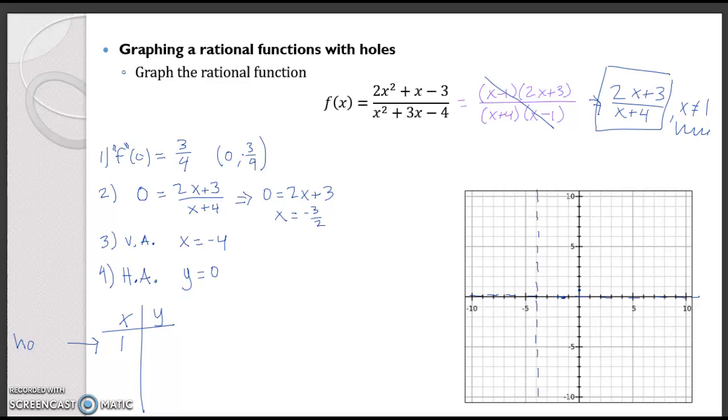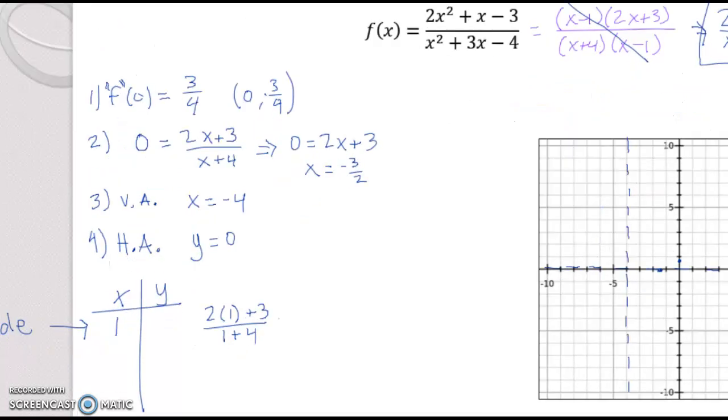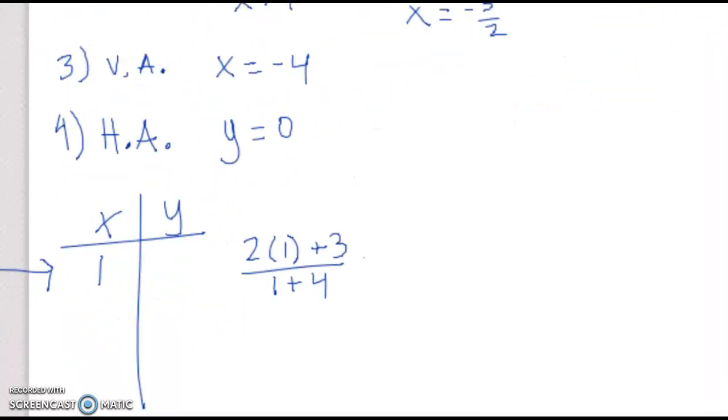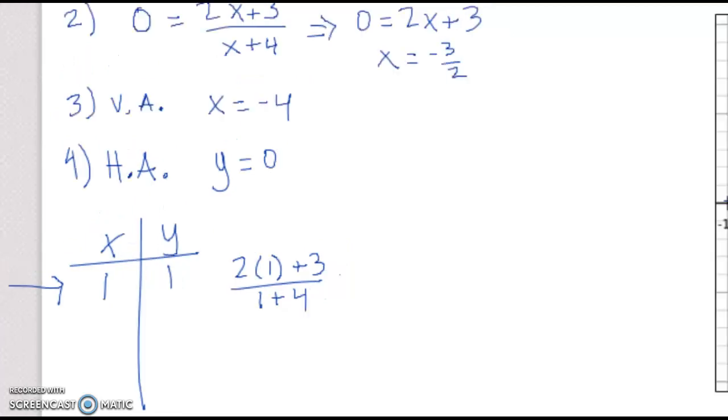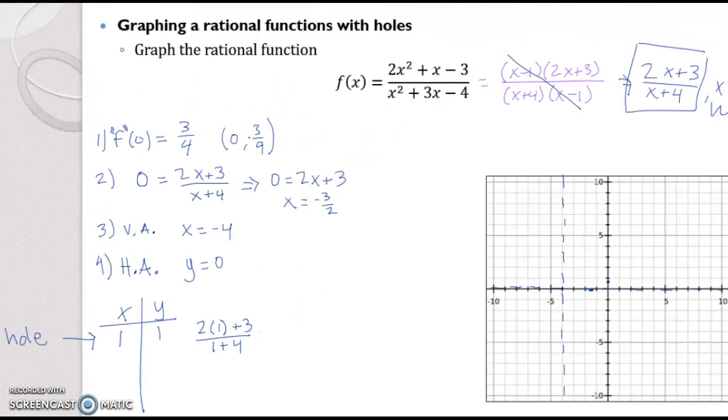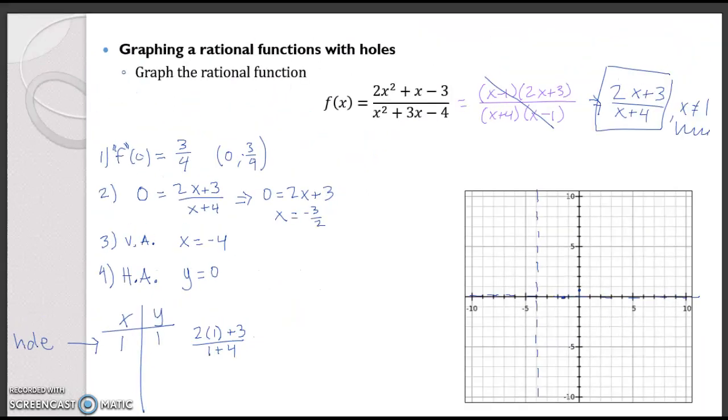But if I plug it into my new function, there's going to be a hole at this point. And that happens at 2 times 1 plus 3 divided by 1 plus 4, which is equal to 5/5 or 1. So I will have a hole at (1, 1), like this.